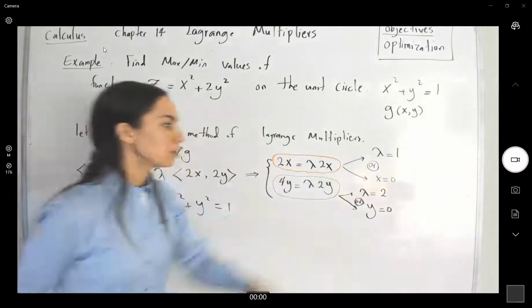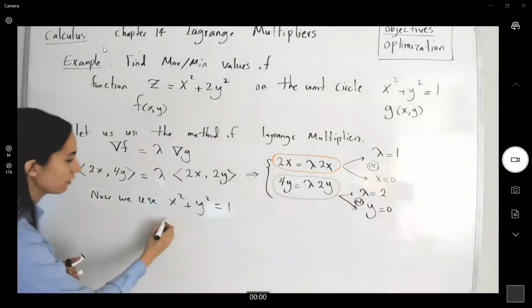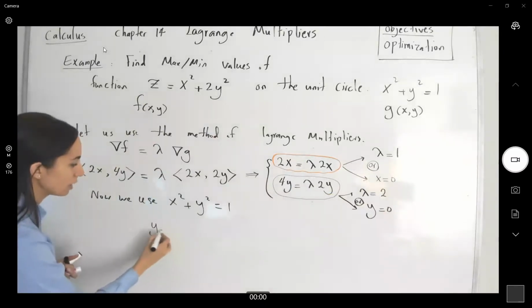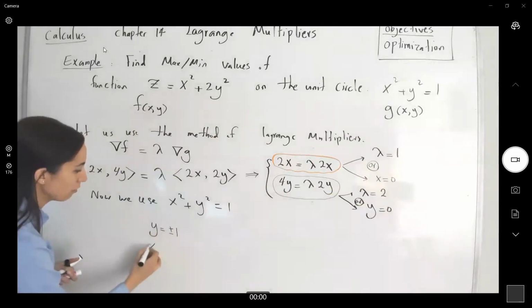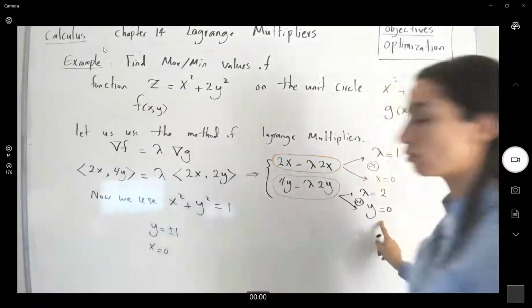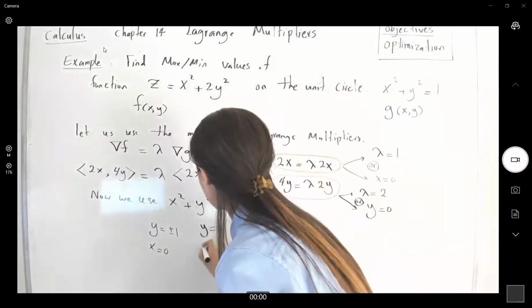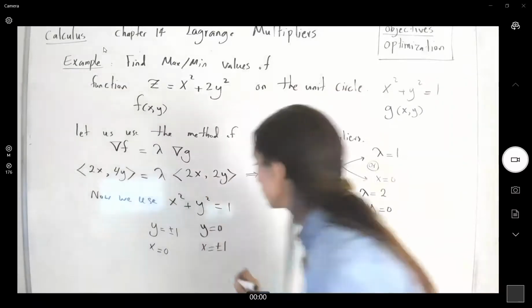If x is equal to 0, what do we have? Well, if x is 0, then y is plus or minus 1. What if my y is equal to 0? If y is equal to 0, then x is plus or minus 1.